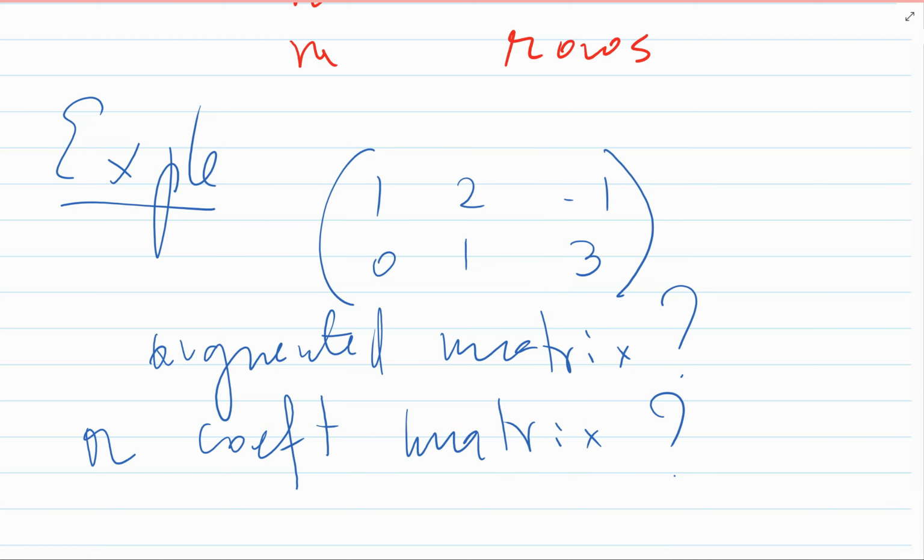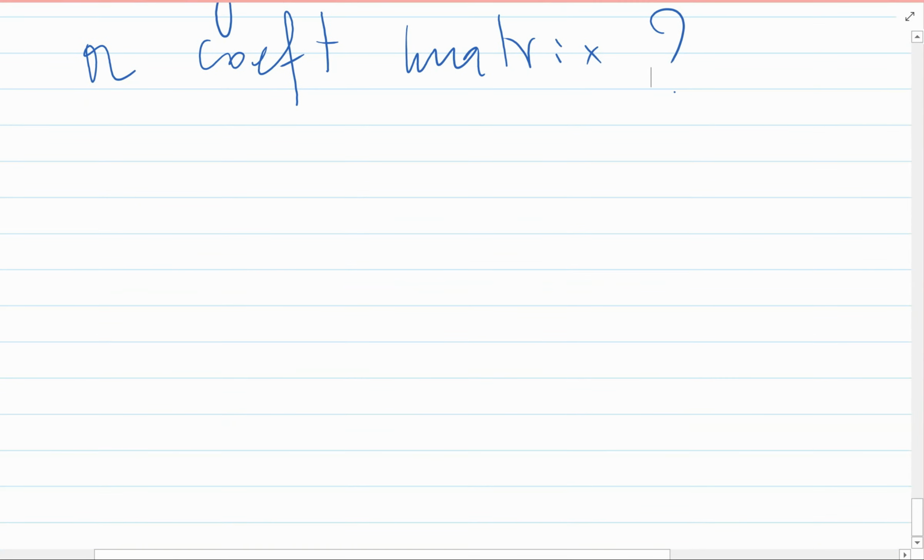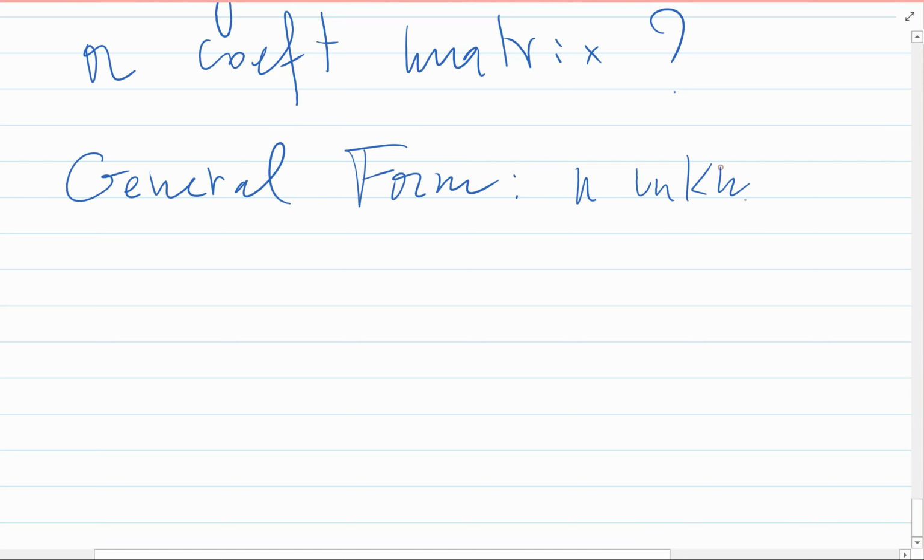So in general, this is the general form, because we have n unknowns and m equations.